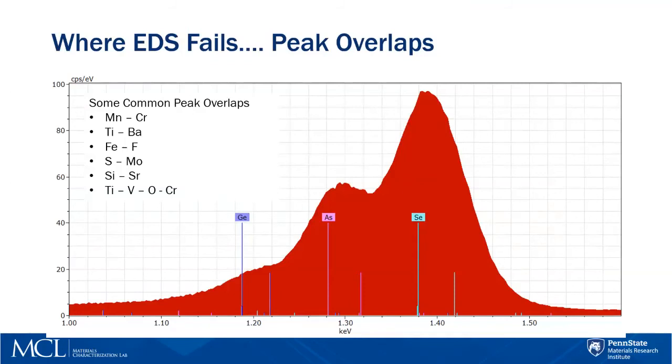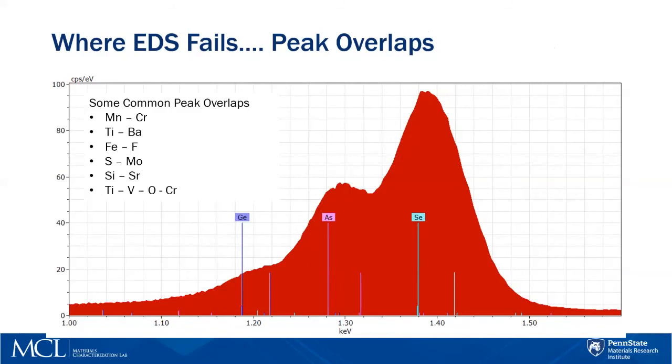There is one caveat. In EDS, the biggest problem that I see with users is that there are a lot of peak overlaps. In the big spectra on the bottom, you can see that there's a huge overlap between germanium, arsenic, and selenium. It's almost impossible for the EDS detector to separate these peaks out because it uses a Gaussian fitting algorithm in order to fit these peaks and determine what the composition is and the amount there.